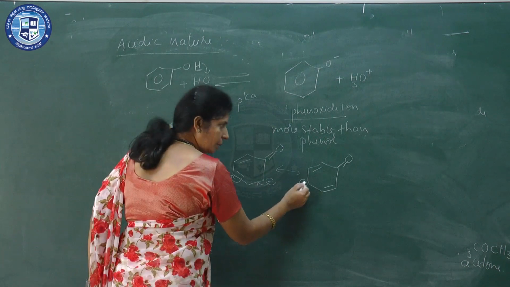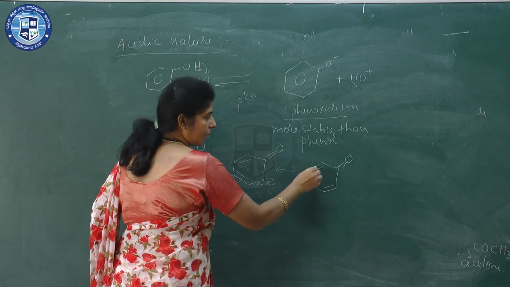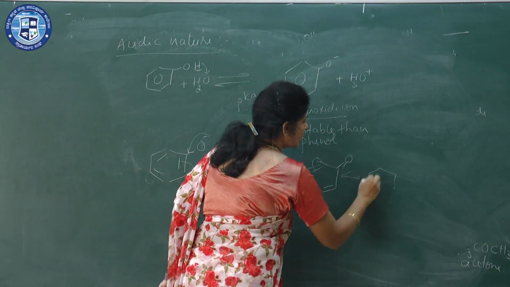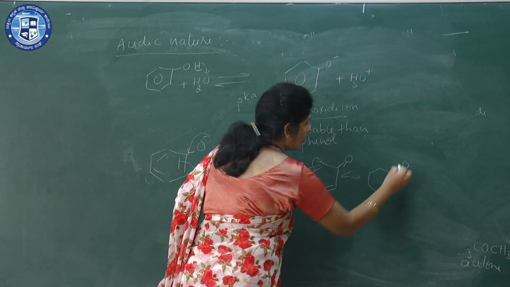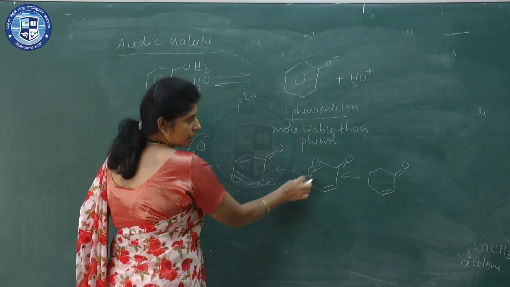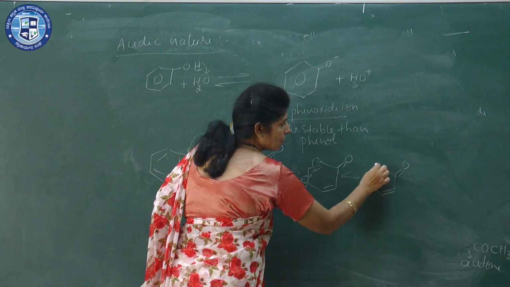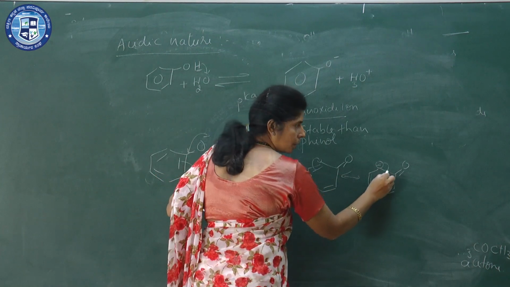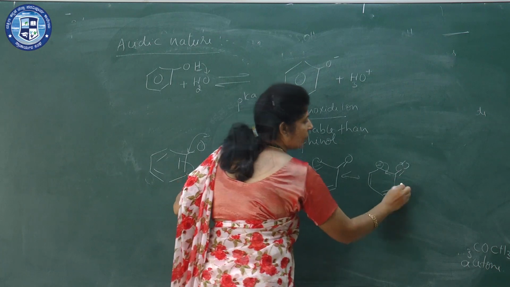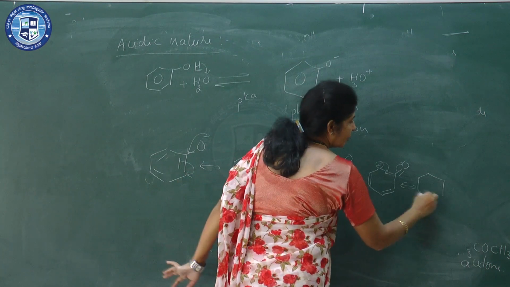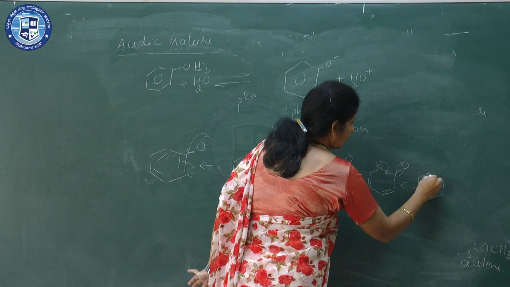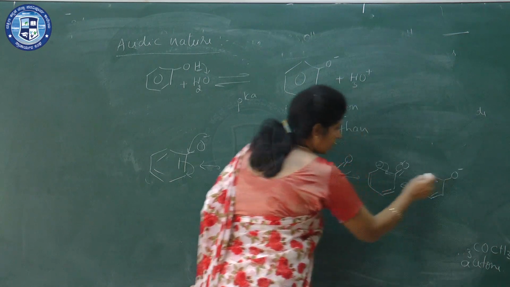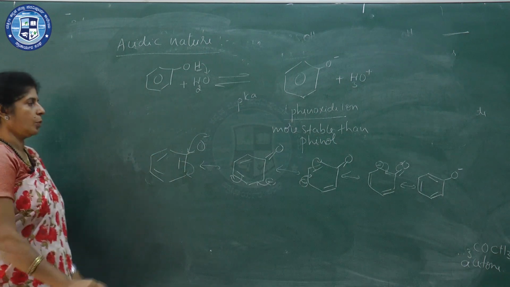Now again the same, this is shifted to the nearest bond and this to the corner. So I am writing the fourth resonance structure, double bond to O, this negative charge is here now and the negative charge is on this oxygen. Now come to the last one, and we get back the phenoxide structure in a similar manner, O minus.